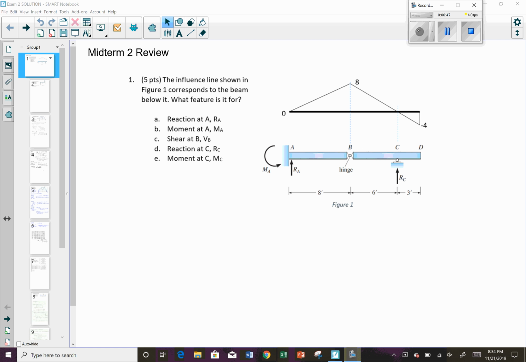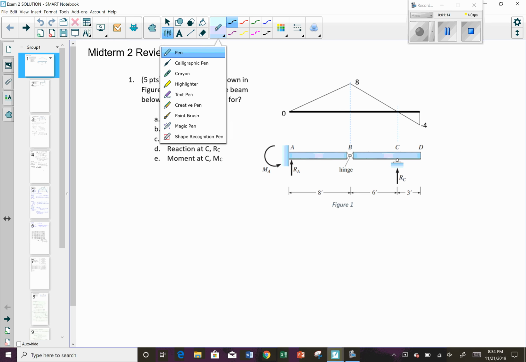Okay, so the first one: the influence line shown in Figure 1 corresponds to the beam below it. What feature is it for? For this one, what you should be able to do is put your unit load on the beam and see what feature corresponds.